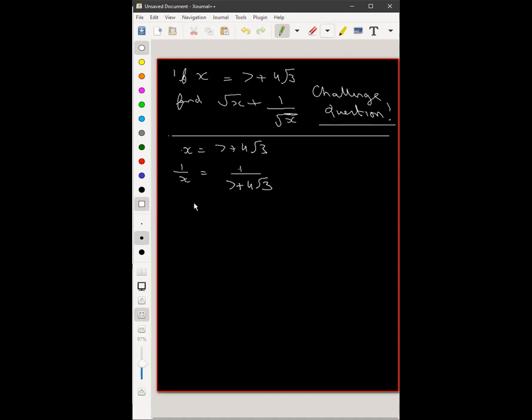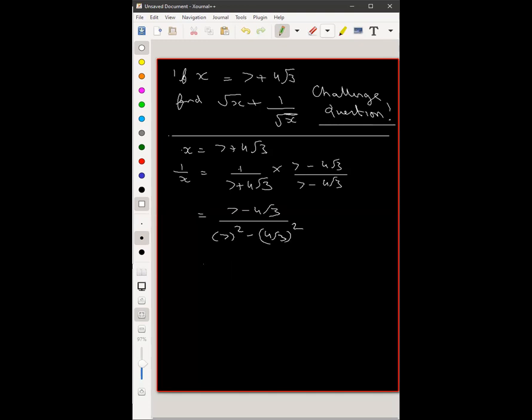So we will rationalize it by multiplying by 7 minus 4 root 3 upon 7 minus 4 root 3. So in the numerator, it would be 7 minus 4 root 3 upon 7 square minus 4 root 3 whole square.